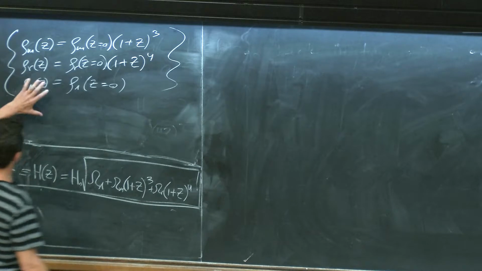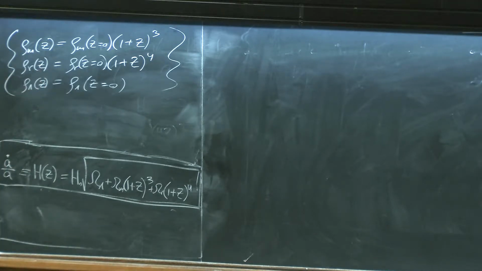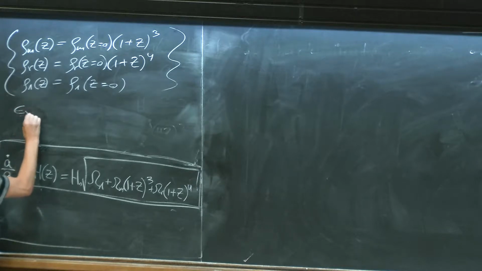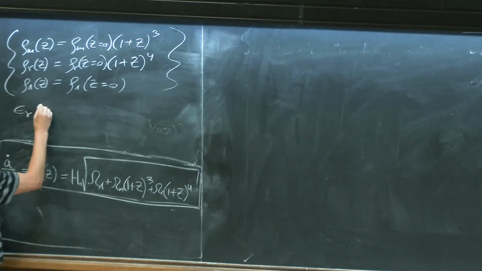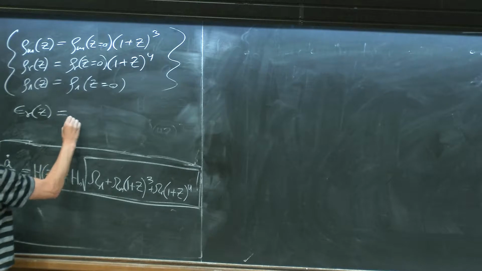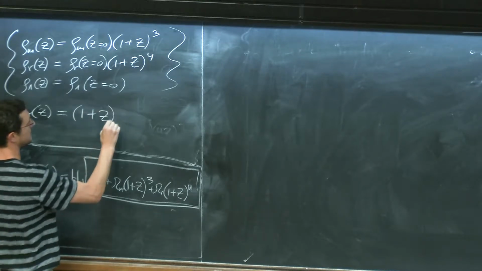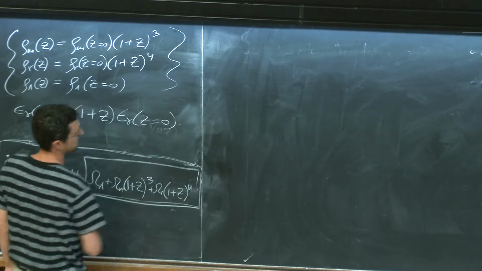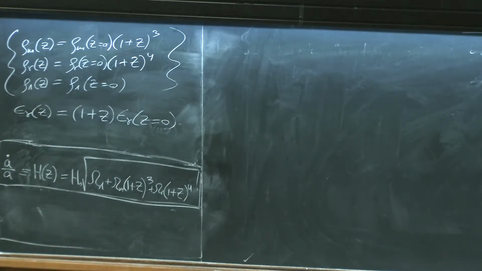In addition to these conservation equations, we know another important property: the energy of a photon at some redshift z is related by a factor 1 plus z to the energy of the photon at the redshift we see today, which is 0.